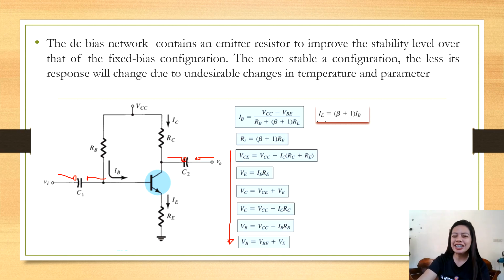Okay? So that's the good news here, because if you only know and master the looping, the KVL looping, per circuit, then this will be an easy task for you. Alright, so let's start with finding the IB. And wait, there is this one formula. Okay.